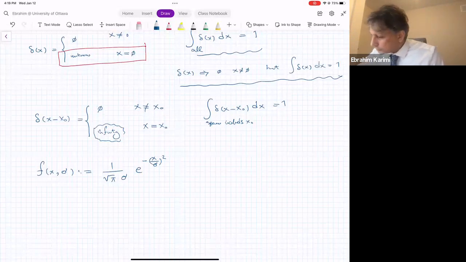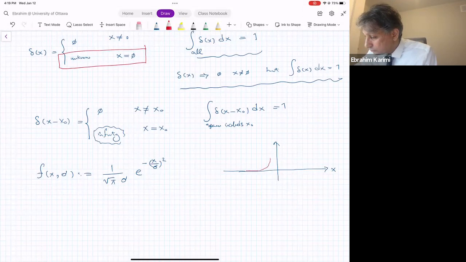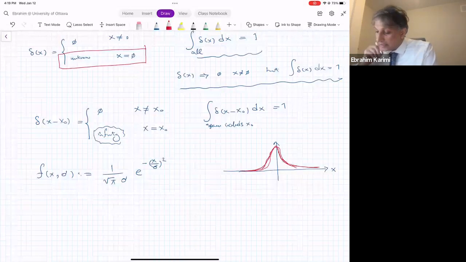Can you plot this function? This is x, and the plot for this function will be a Gaussian. Sorry if I'm not so good at plotting this. It will be a symmetric function. So at x equal to 0, that will be 1 divided by square root of pi sigma.